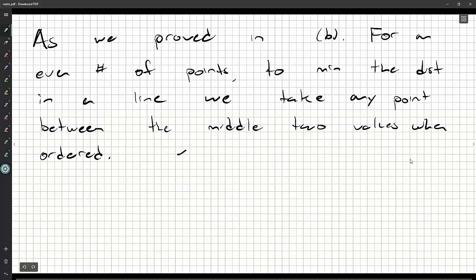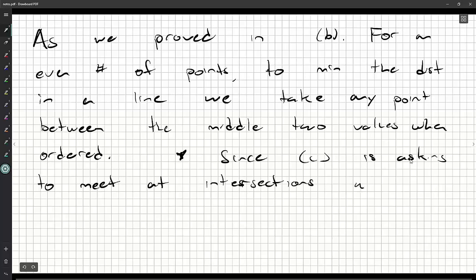Okay, but I will point out that since C is asking to meet at intersections, we will limit ourselves to integers.